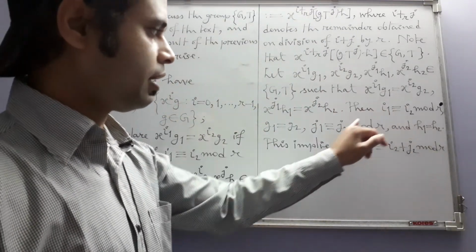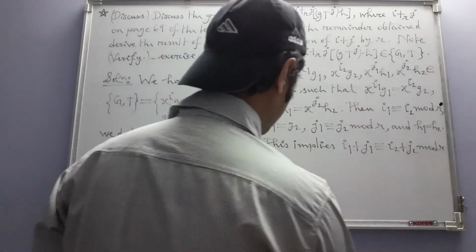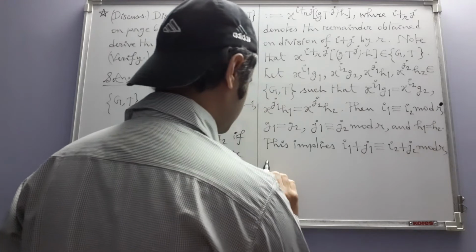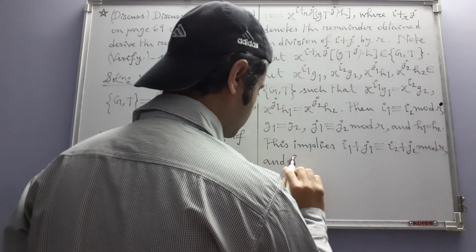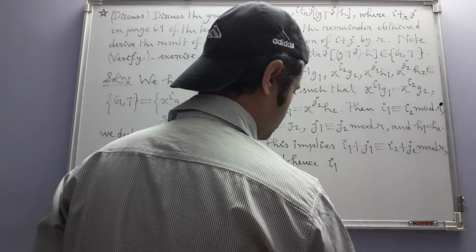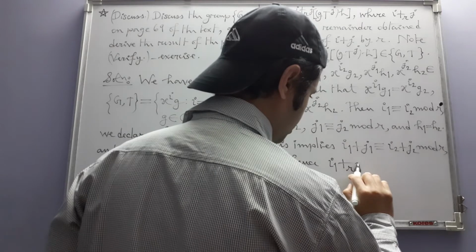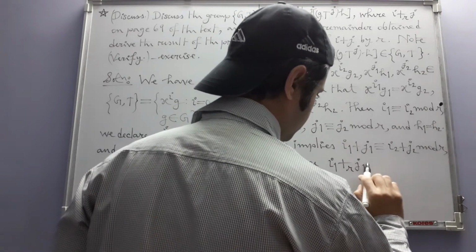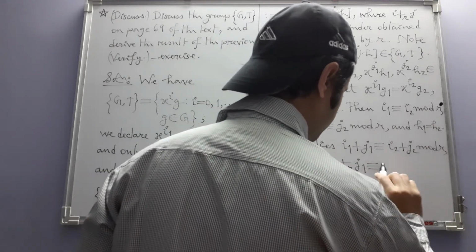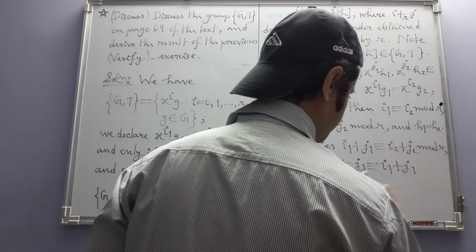We have added these two congruences, and hence i1 plus_r j1 is congruent to i1 plus j1.